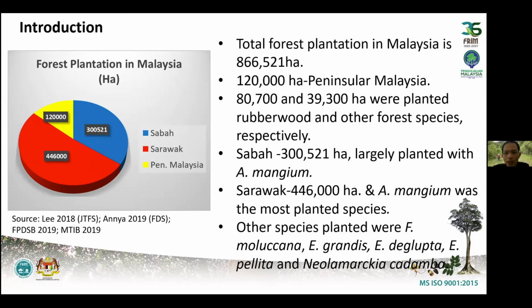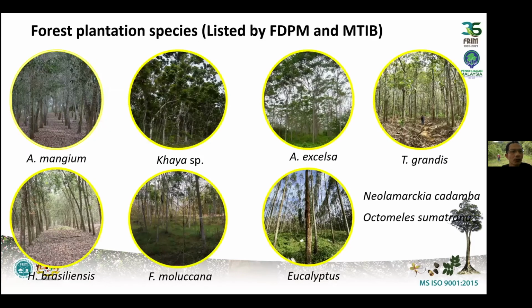However, they also plant other forest species such as Falcataria moluccana, Eucalyptus species, and Neolamarckia cadamba. These are the forest species listed by the Forestry Department Peninsular Malaysia and the Malaysian Timber Industry Board to be planted on a large scale.